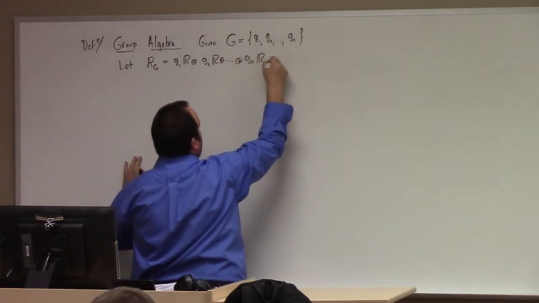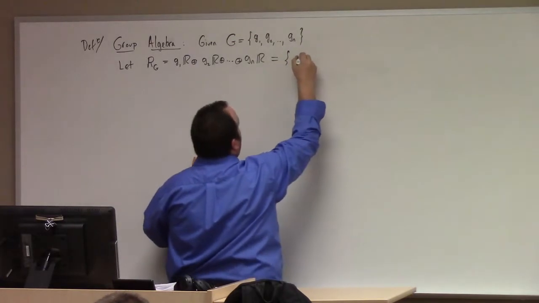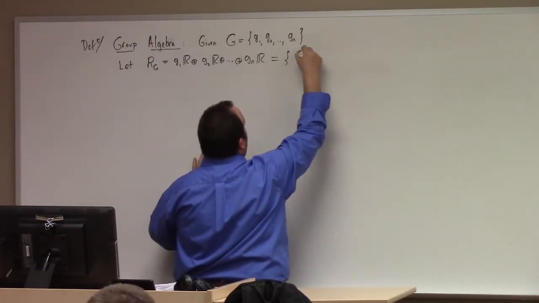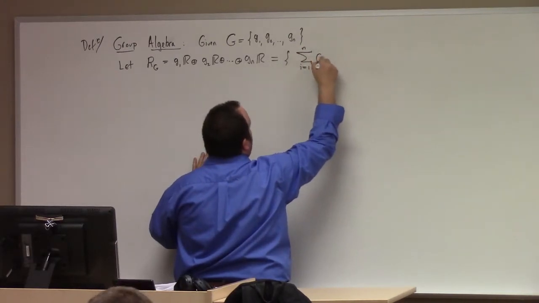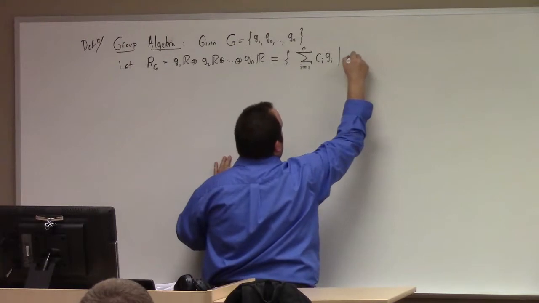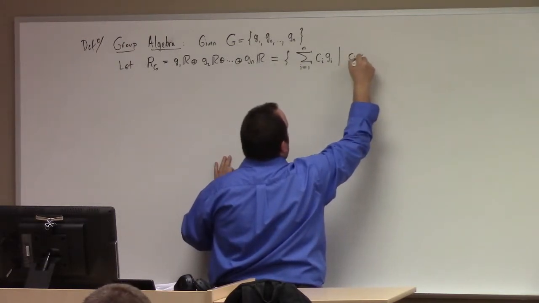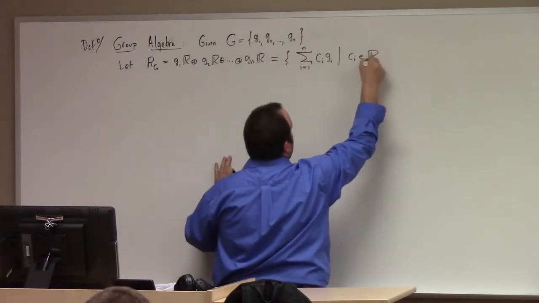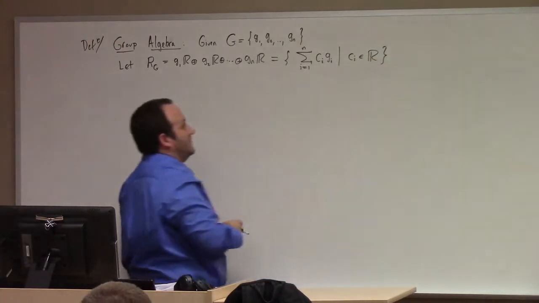In other words, it's the set of elements, the sum i equals 1 to n of c sub i g sub i, such that the c sub i are in the reals. All right, I'll do the real group algebra.